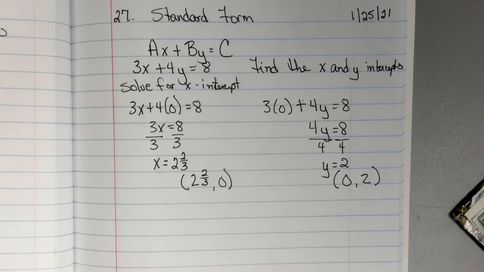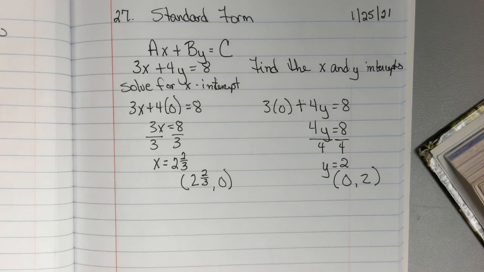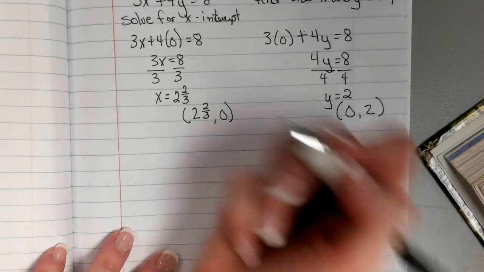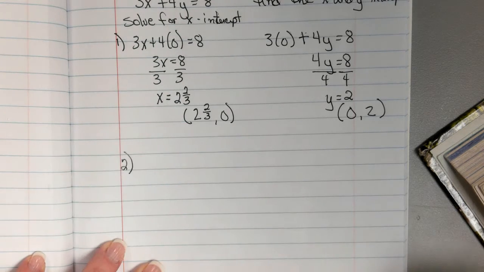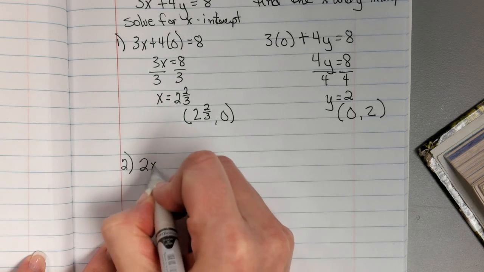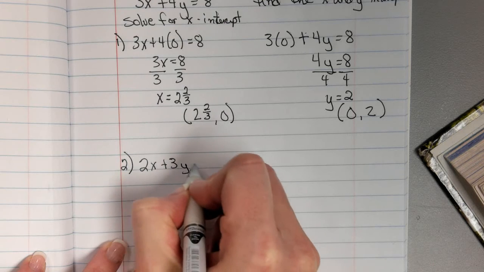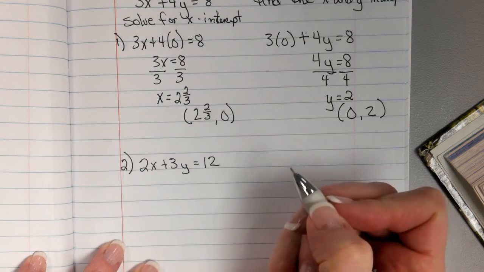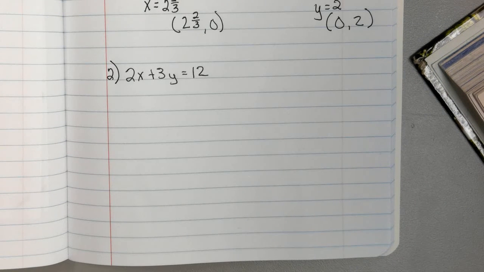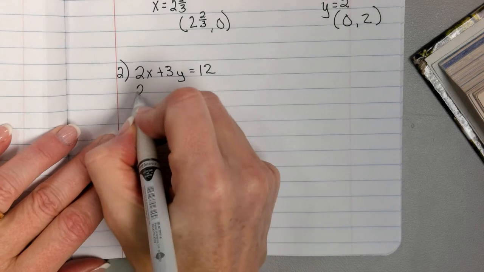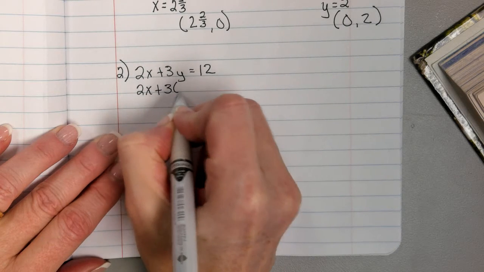All right, let's look at another one. I'll number that as 1. Let's do 2x plus 3y equals 12. All right, so if I want to find my x-intercept, what do I do? Yeah, 0 out the y, so I really have 2x plus 3 times 0.